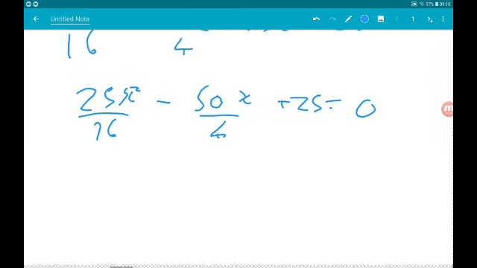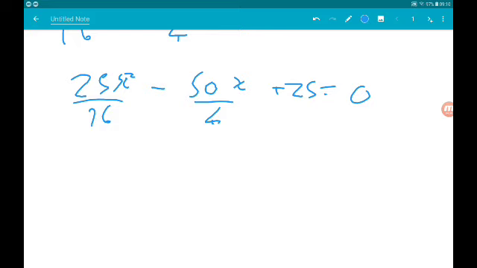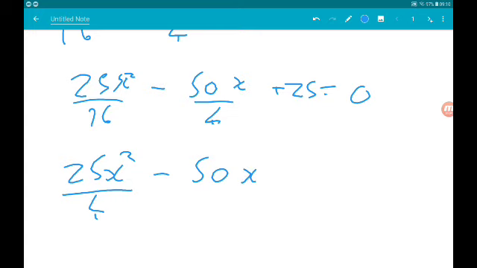Now then, let's multiply through by 4. If you use a calculator, just multiply through by 16, but it's early, so I'm going to go step by step. Multiplying through by 4, we get 25x²/4 - 50x + 100 = 0.